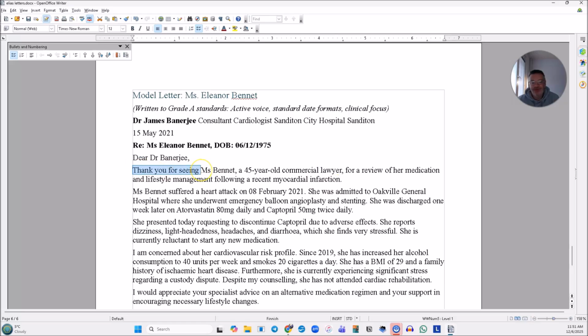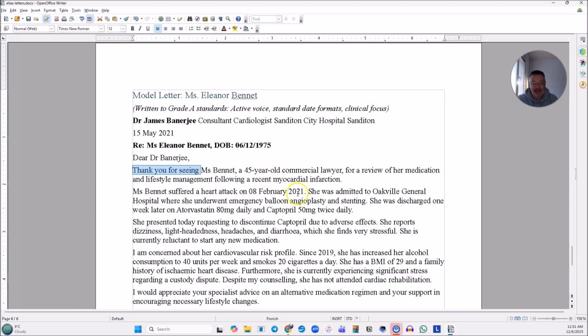I don't usually use this because it implies that I'm going to do it anyway, which I probably would. But commercial lawyer, name, age, occupation. Well, yeah, name, age, but do I need occupation in the purpose? Review of medication. So that's better, but it could be improved. I'll go and do an improved version in a second.